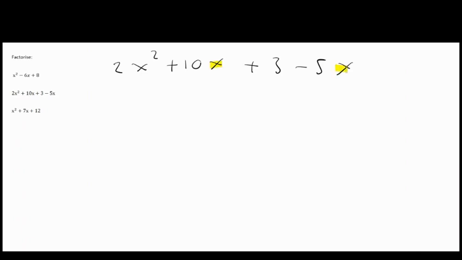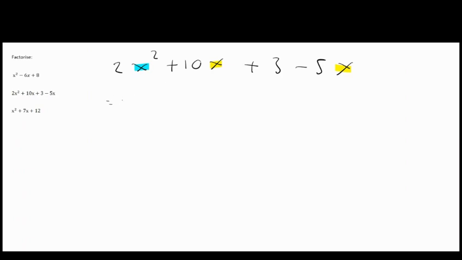Here we have x and an x, and then here we just have an x squared. Well, before we can factorize, we would want to add the like terms together because we can't do anything with this. We first have to simplify what we have.